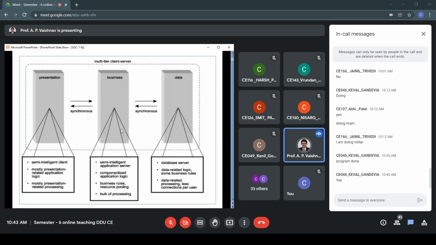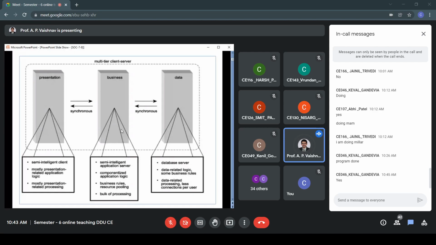So on the client side, we are just having presentation logic, or you can say you will just have your HTML pages, right? That will be deployed on the client side. So that is why the client is called a semi-intelligent client, because it can do processing related to presentation logic, right?